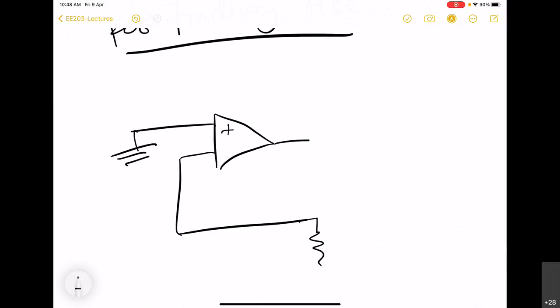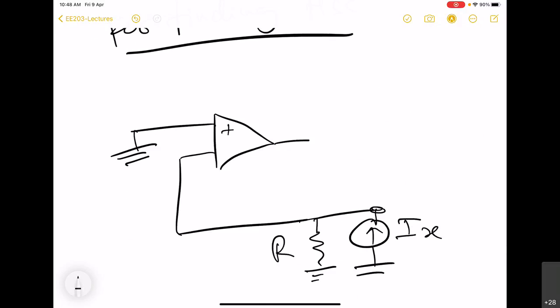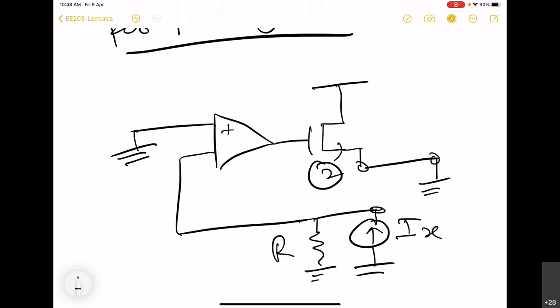We have here resistor R, but this time we are going to excite this node 1 by a current source Ix, and this time the other node is going to be short circuited, and what we have to find out is this short circuit current. So if we know this, we know the short circuit transfer function.